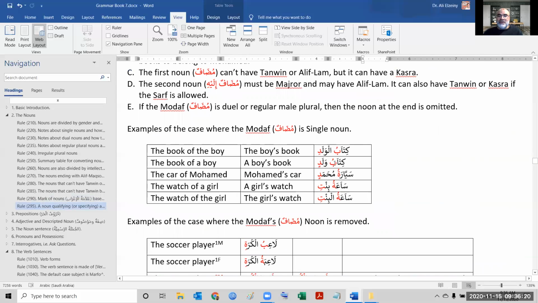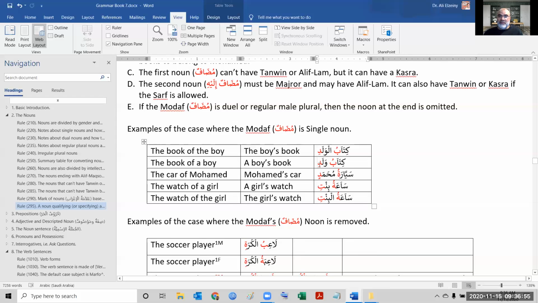Now, I can also say the book of a boy, versus a book of a girl. So a book of a boy, any boy. Okay? So in this case, you notice that once the alif lam is removed, then I should add tanween, unless the word boy is forbidden from sarf.